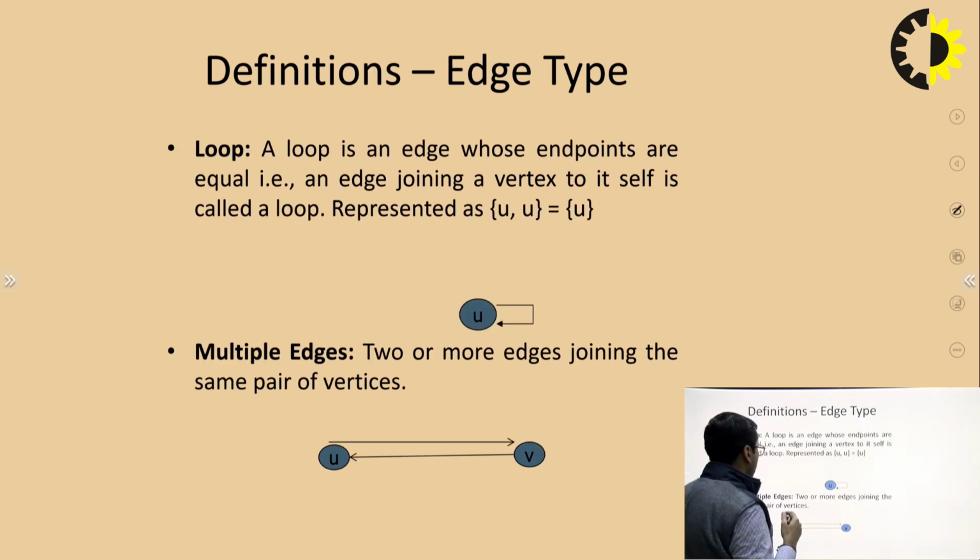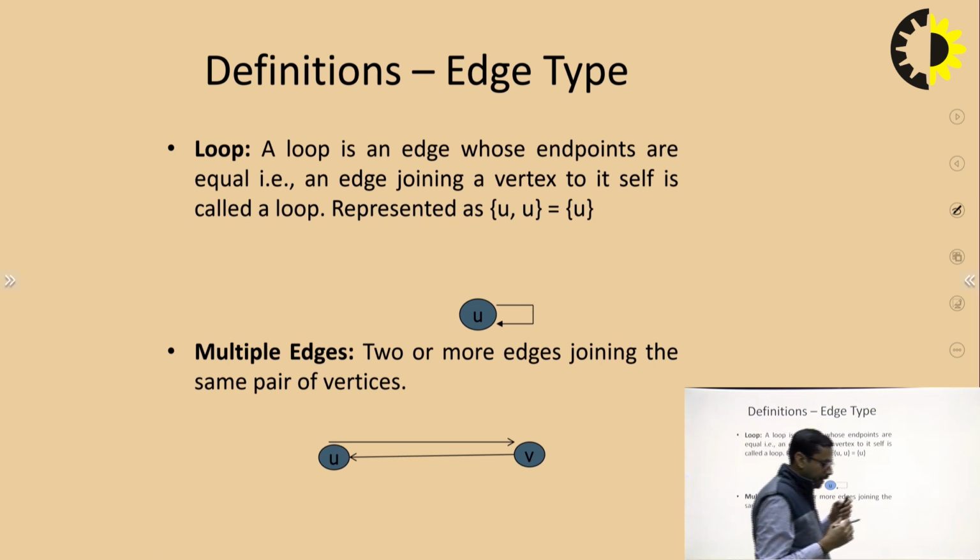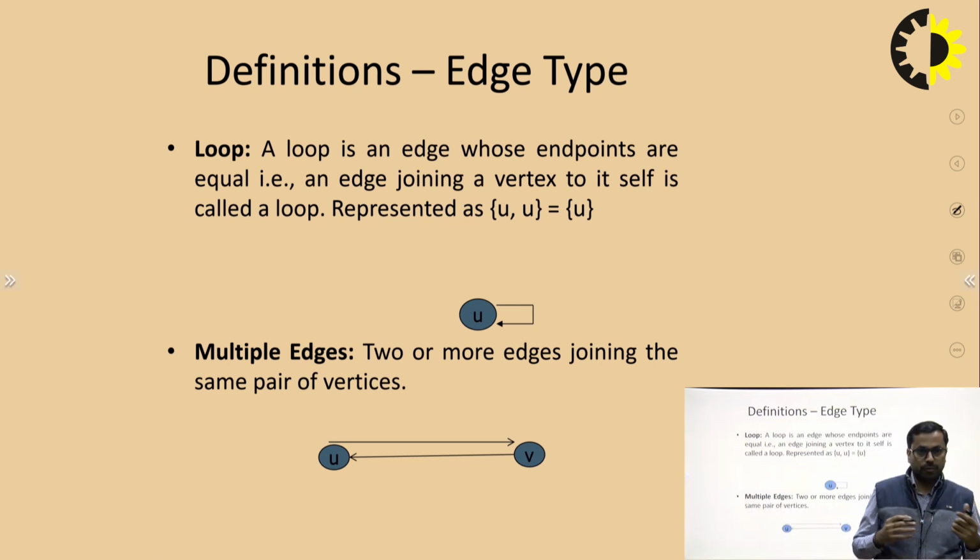What is a loop? A loop is a structure in which the endpoints are equal.